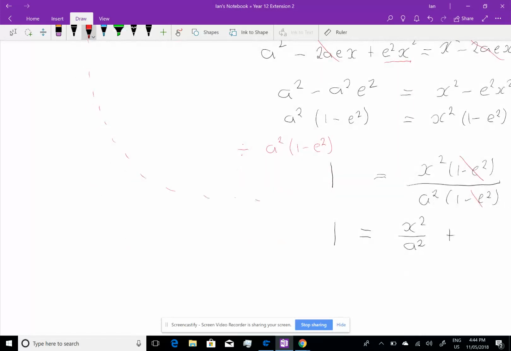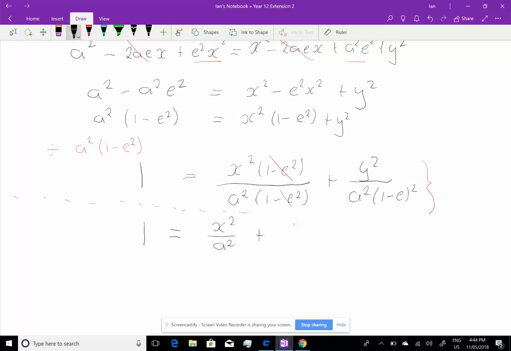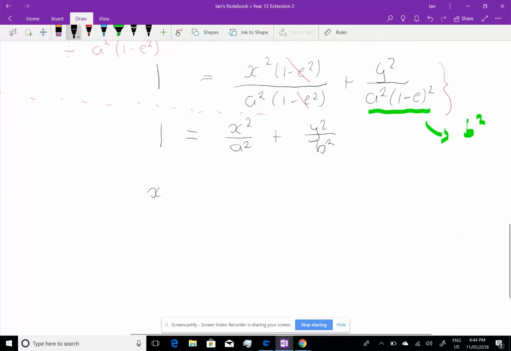Oh, that makes that really easy now, because my y is just going to become y squared, and all of this is b squared. And there you have it. The equation of an ellipse, x squared on a squared plus y squared on b squared equals 1.